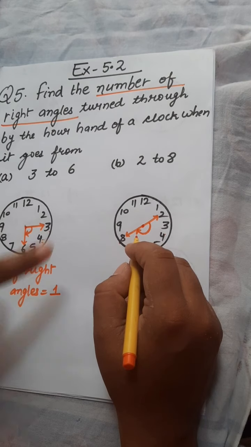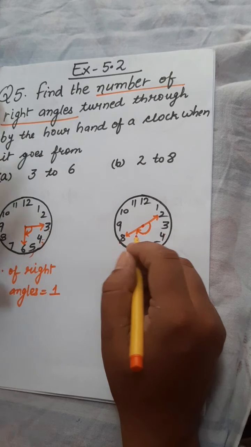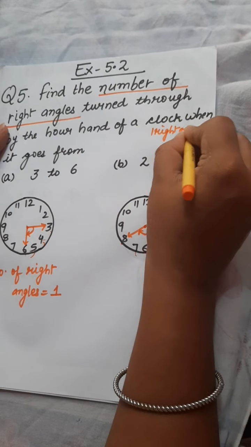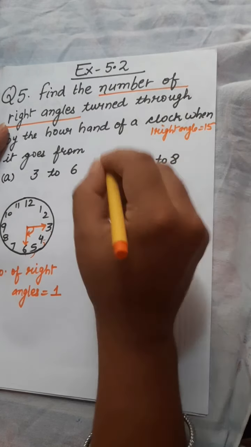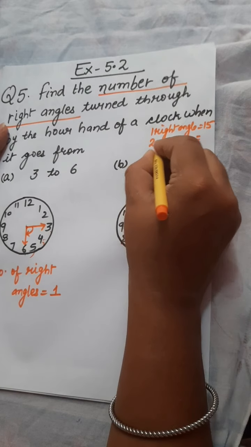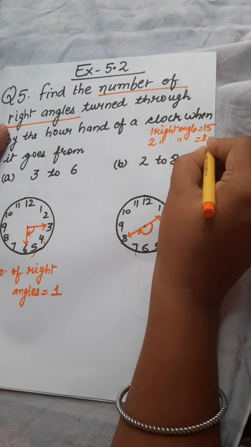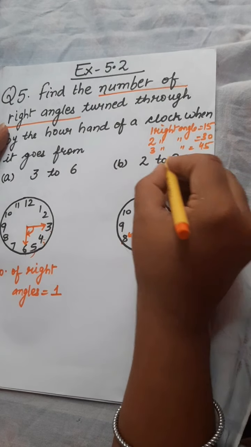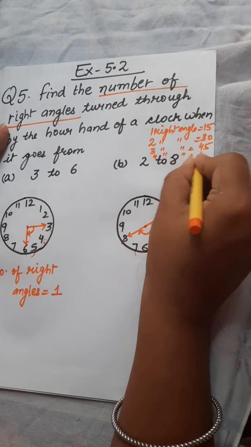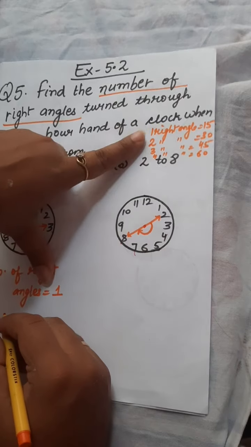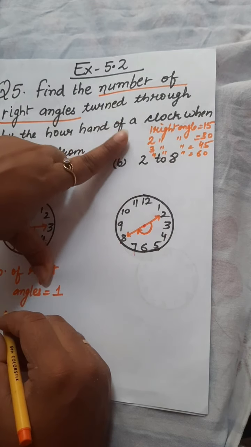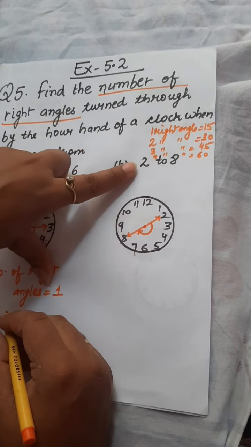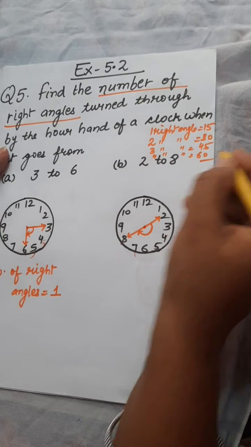If one right angle covers 15 minutes, then 2 right angles cover 30 minutes, then 3 right angles cover 45 minutes, and 4 right angles cover 60 minutes.